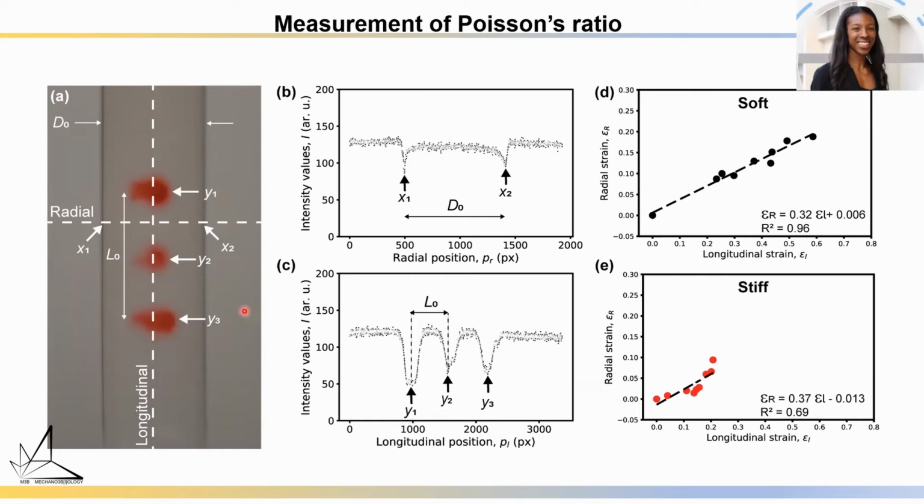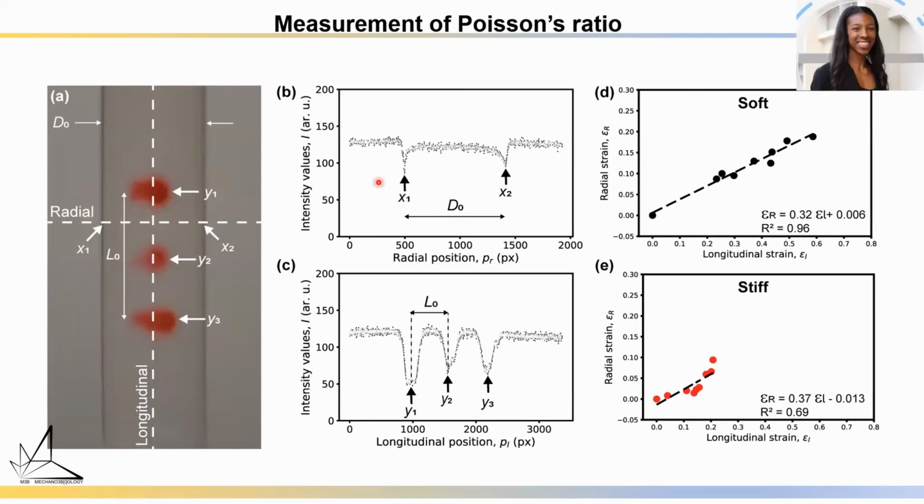When using this method, we place 2 or 3 fiducial markers to track change in the longitudinal direction, while the edge of the sample is then used to track change in the radial direction. As we add weights to the end of our sample, the distance between these markers will change. In order for us to track those changes, we then use the Intensity Profile Analyzer, also known as IPA, created by Brandon, which is an interactive software that allows us to highlight an intensity peak, then use a Gaussian fit to find the minimum value of that peak.